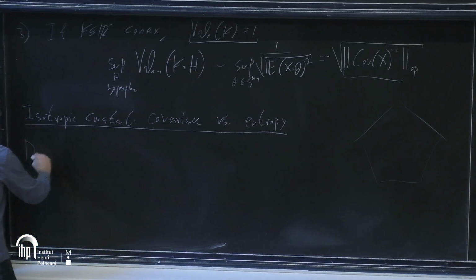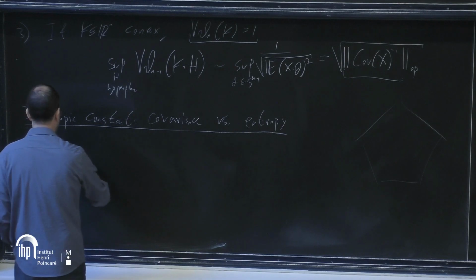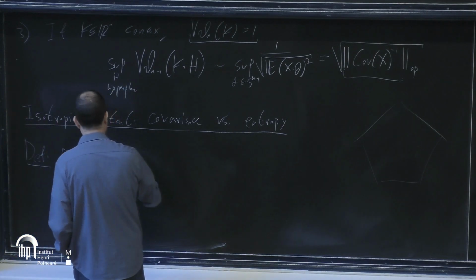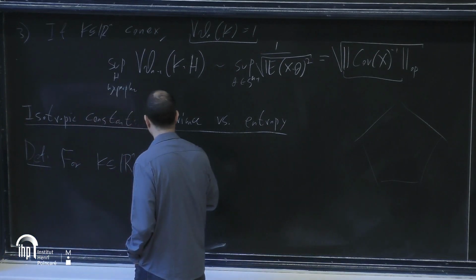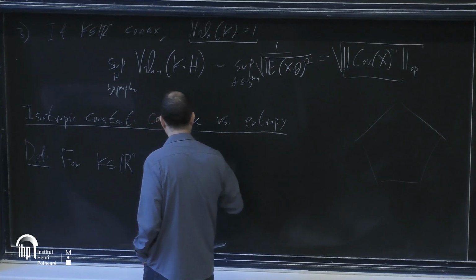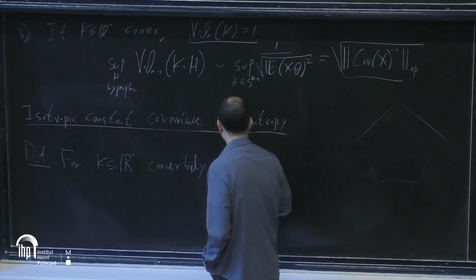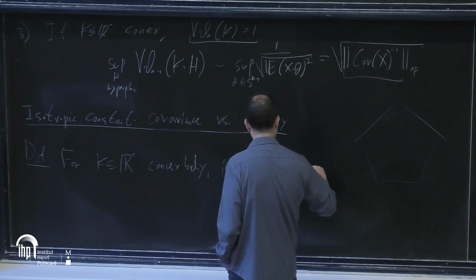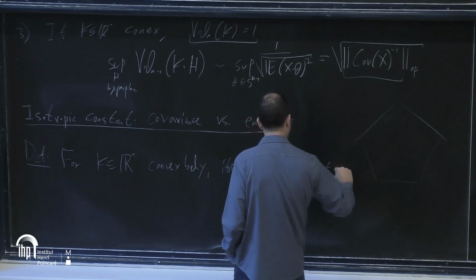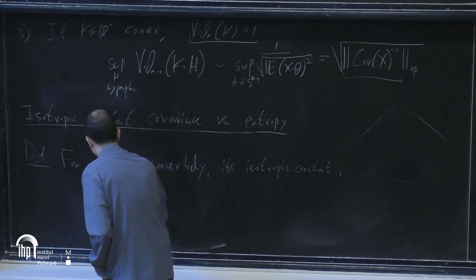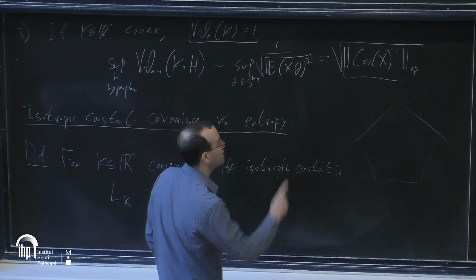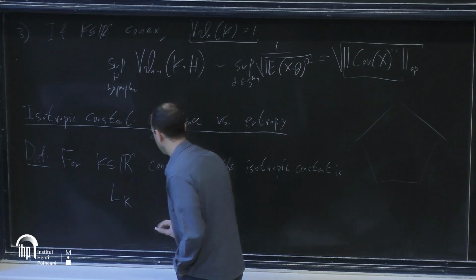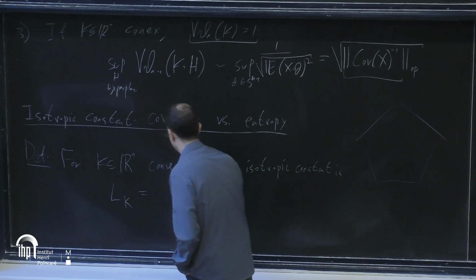Okay, so we define the following. For K in R^n convex, its isotropic constant is L_K. This is Bourgain's notation. Hensley used V, but it's stuck. I think you are used to Bourgain's notation.